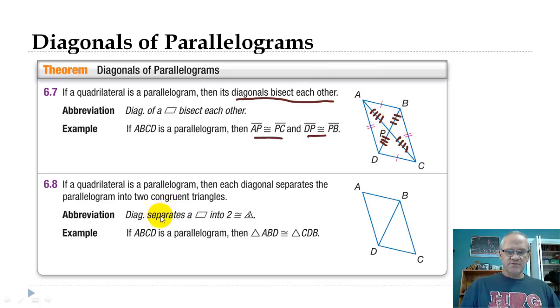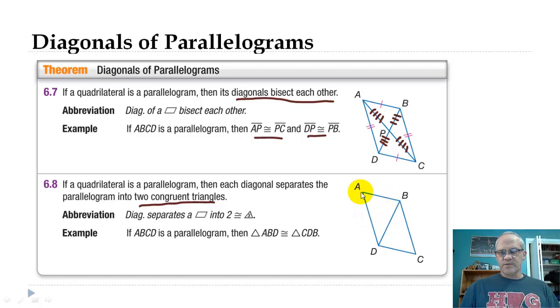In the second part here, if it's a parallelogram, the diagonal makes two congruent triangles. If you just draw one diagonal, these two triangles are congruent. If you remember when we were talking about side-angle-side, side-side-side, and angle-side-angle, those ways of telling if triangles are congruent.